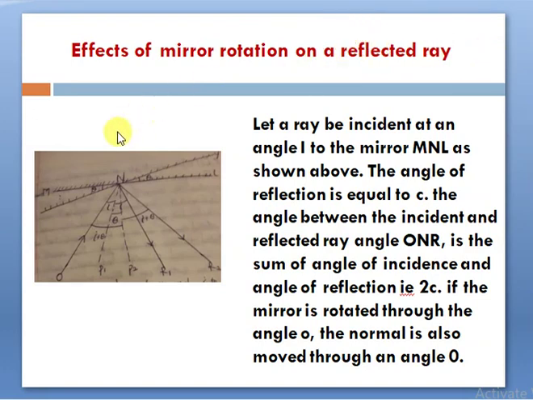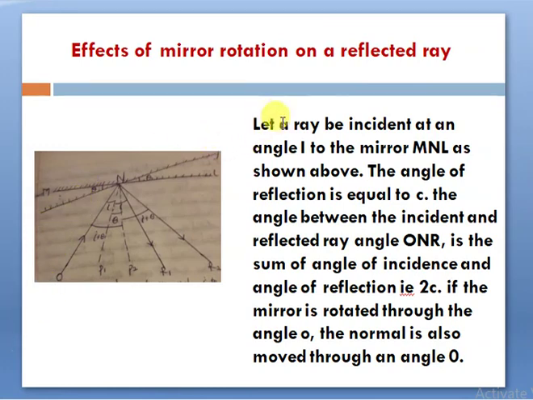Ray. Now when this plane mirror is being rotated, remember once you rotate it, you have inclined it to a particular angle. We want to see the effects of this mirror rotation on a reflected ray when the incident ray is fixed. Take note. When the incident ray is what?